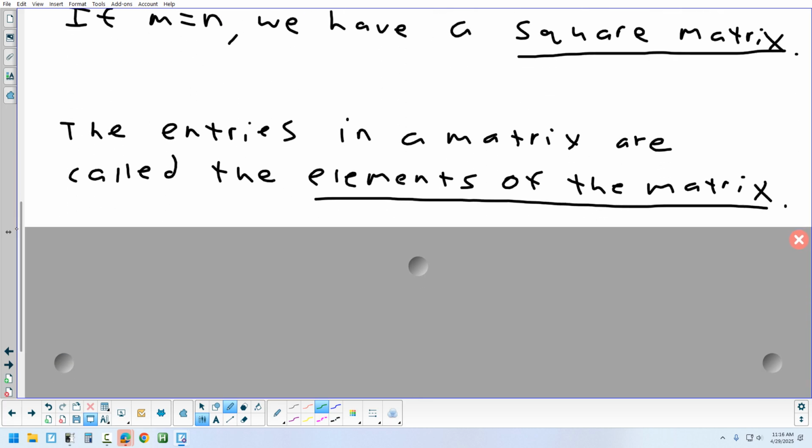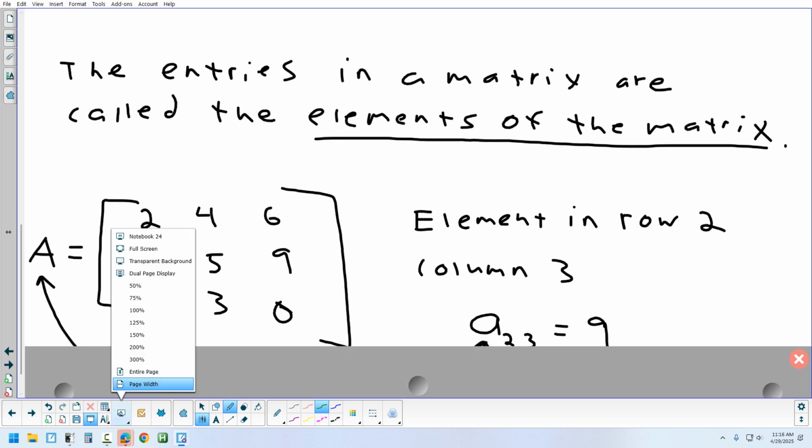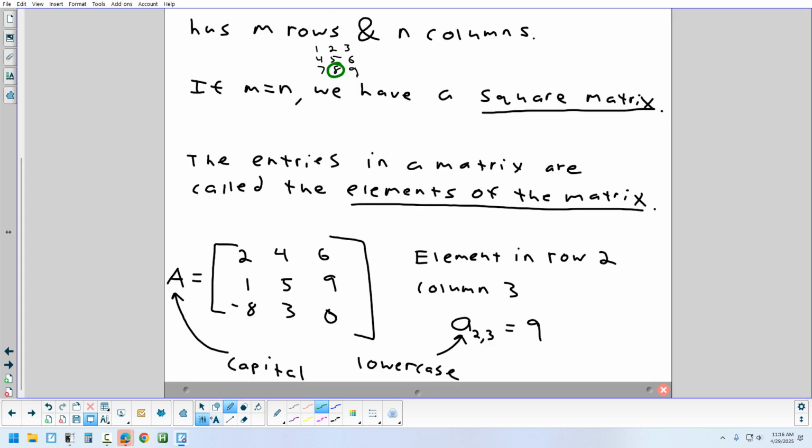And we have a notation we use if we want to describe a particular location in a matrix. And the way we do it is, first of all, a matrix is generally named with a capital English letter. So this matrix is called matrix A. If I want to refer to a particular element within the matrix, the notation our book uses is the lowercase version of the name.